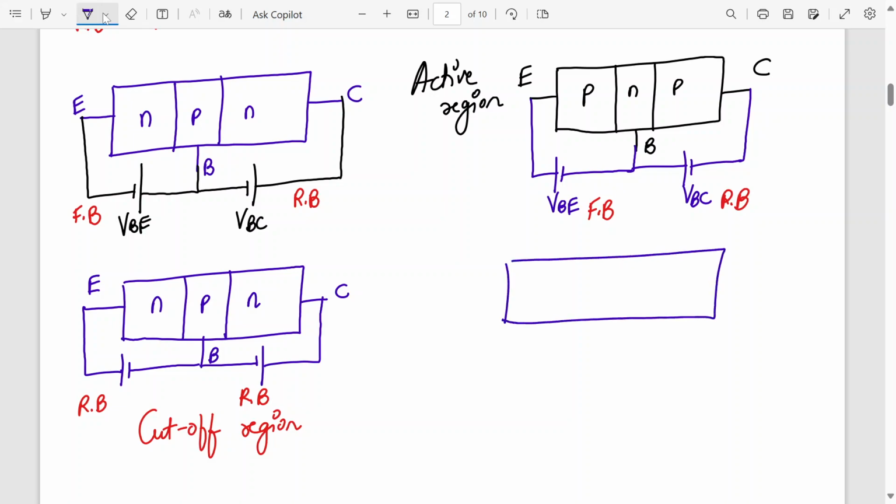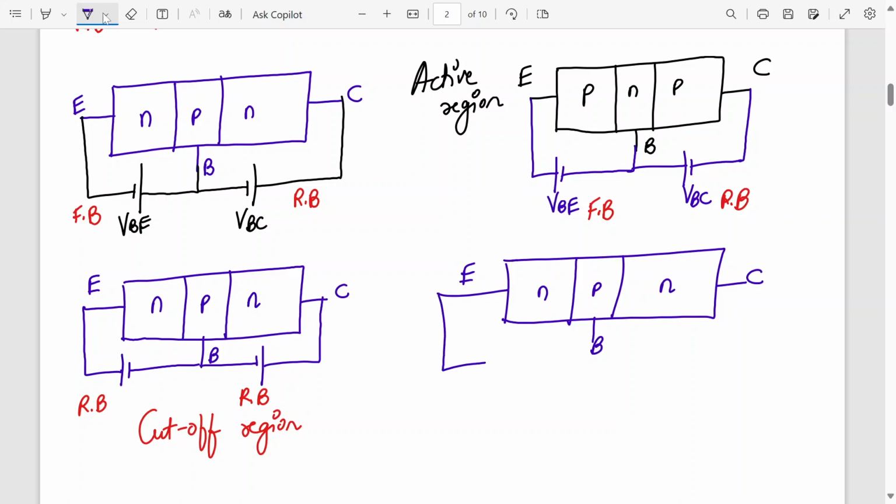And finally the saturation region. Draw the NPN structure. N, P, N: this is emitter, base, collector. Here in saturation both should be forward bias.